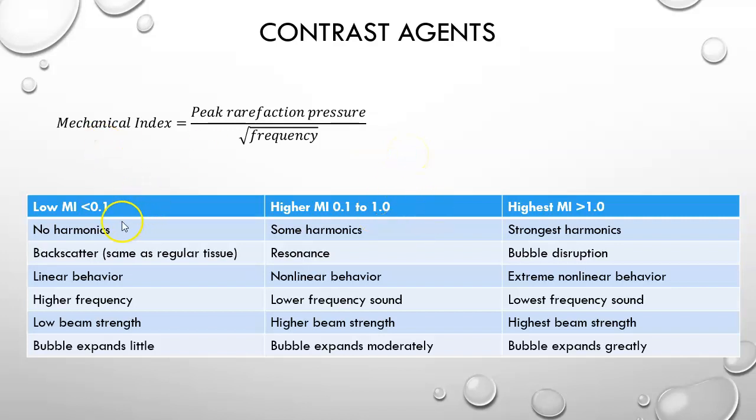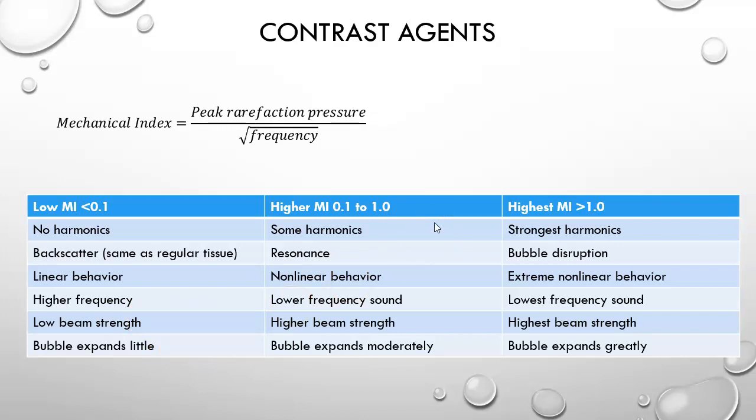Below 0.1 MI, no harmonics, we get some backscatter, just as you would with regular tissue. It's a very linear behavior at this point, so you're not getting harmonics because it's a linear behavior. The contrast agents behave linearly, and the bubbles expand very little.